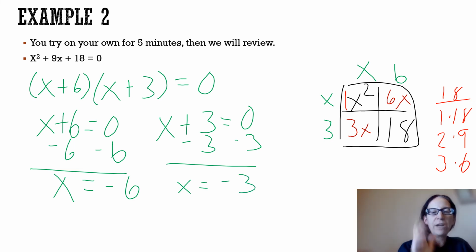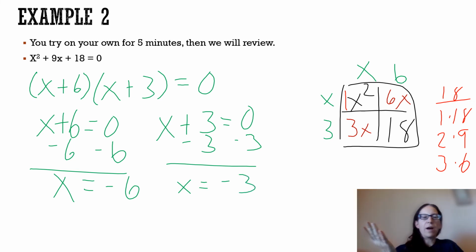Now, just to reinforce one step here, is the idea of what we're doing. And so remember what a solution is. A solution is the values of the variables that make the equation true. So just for fun, what I'm going to do is try out the negative 3 just to see what happens.